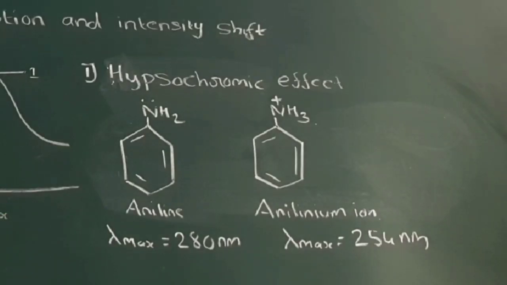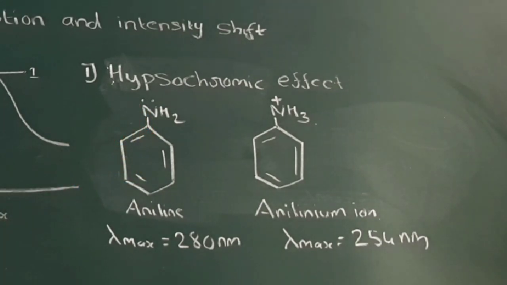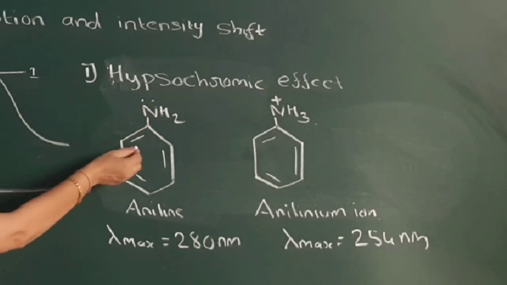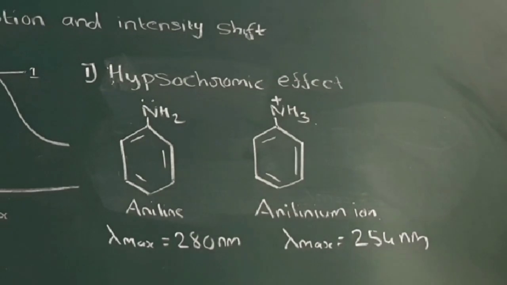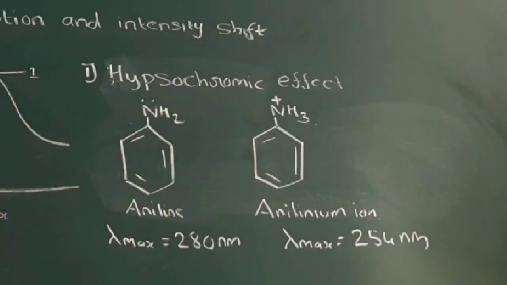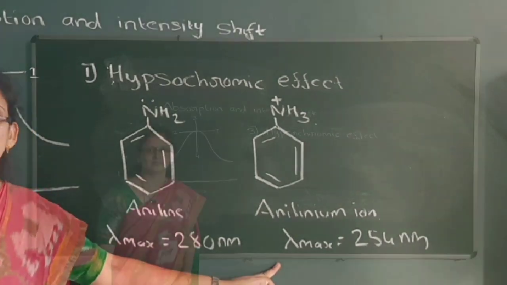The reason is that in aniline, the nitrogen has a lone pair of electrons. This lone pair of electrons is in conjugation with the pi bond of the benzene ring. In case of the anilinium ion, there is no lone pair of electrons, so the conjugation is removed. Because of that reason, the anilinium ion absorbs at lower wavelength.